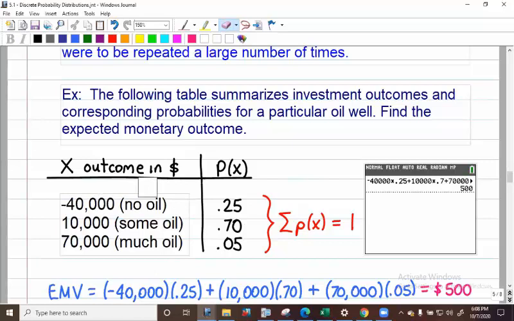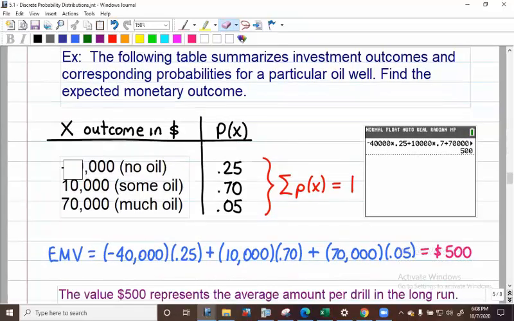Remember I told you earlier these probability distributions could be shown vertically or horizontally. Doesn't matter. So here, negative 40,000: we whiff, we have a 25%, 0.25 probability that we miss and get no oil. A 70% chance that we get what's called some oil, where we profit 10,000.